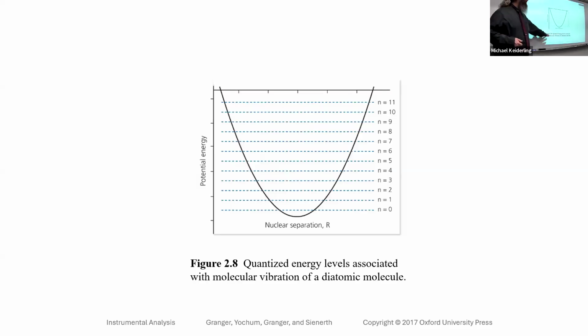Here are the quantized energy levels associated with molecular vibration for a diatomic molecule. General idea for vibration, it tends to be a simple harmonic oscillator. So the energy levels are some fundamental frequency times n plus a half, starting at 0 and going up.